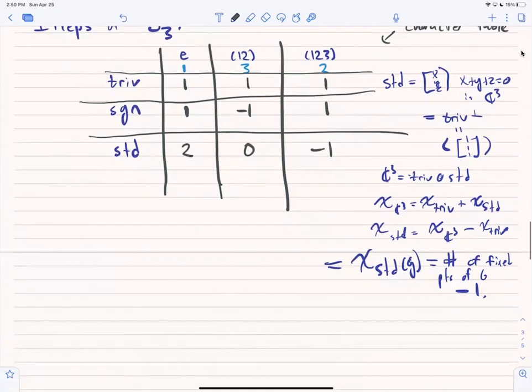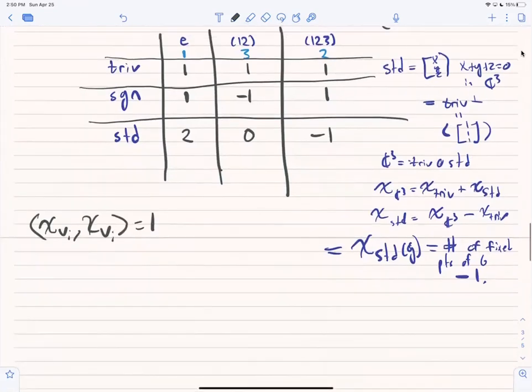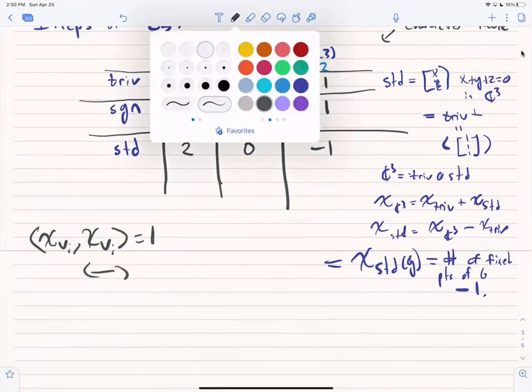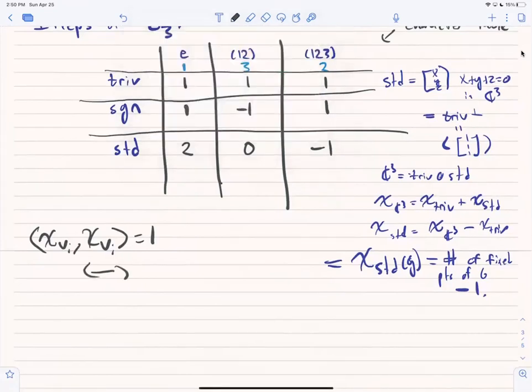So for example, the fact that chi of vi with itself is equal to 1: in this example, for the first row, this is 1 squared plus 3 times 1 plus 2 times 1 equals 6, which is the order of S3. So good.